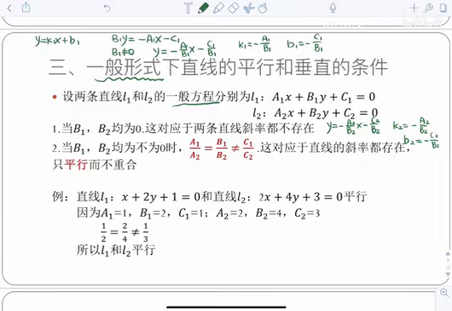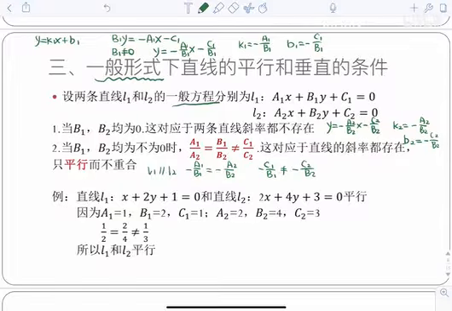So we know L1 is parallel to L2 means K1 equals K2 and b1 does not equal b2.